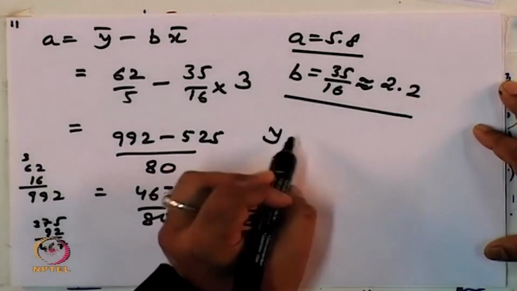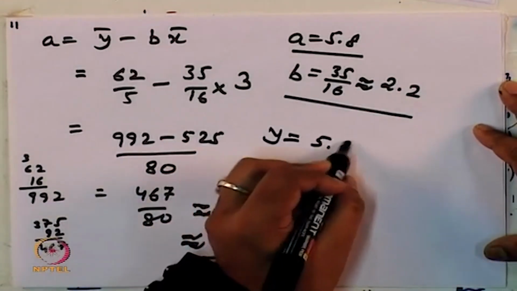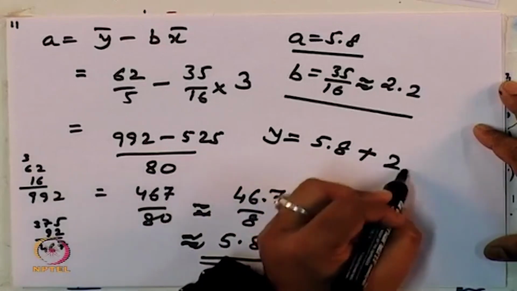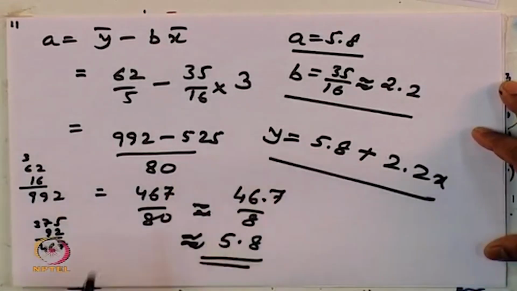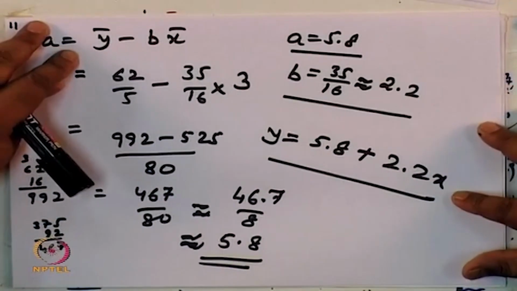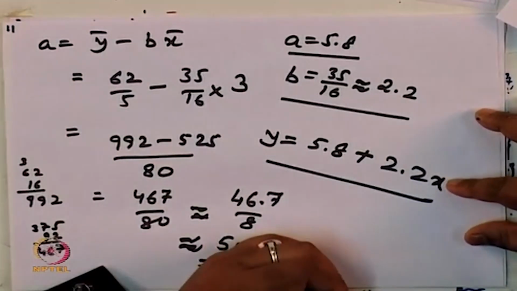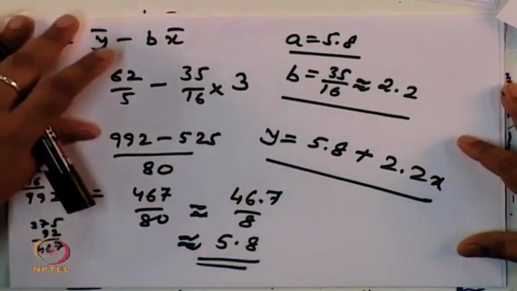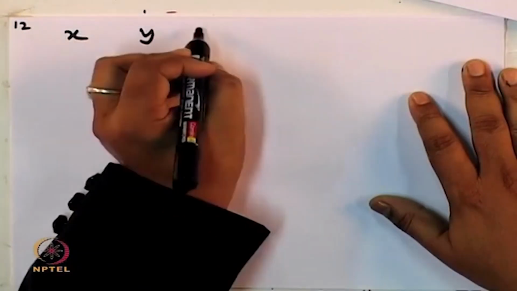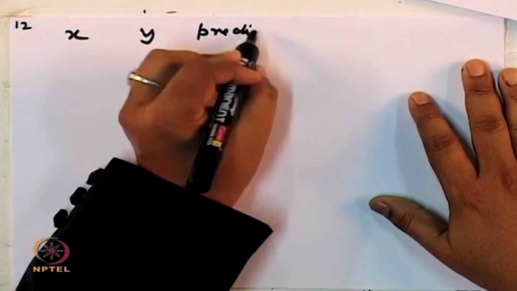So, your final expression becomes 5.8 plus 2.2 x. Now, if we substitute the values of x, starting with x is 1, let me again recalculate all our values: x, y, and then predicted.